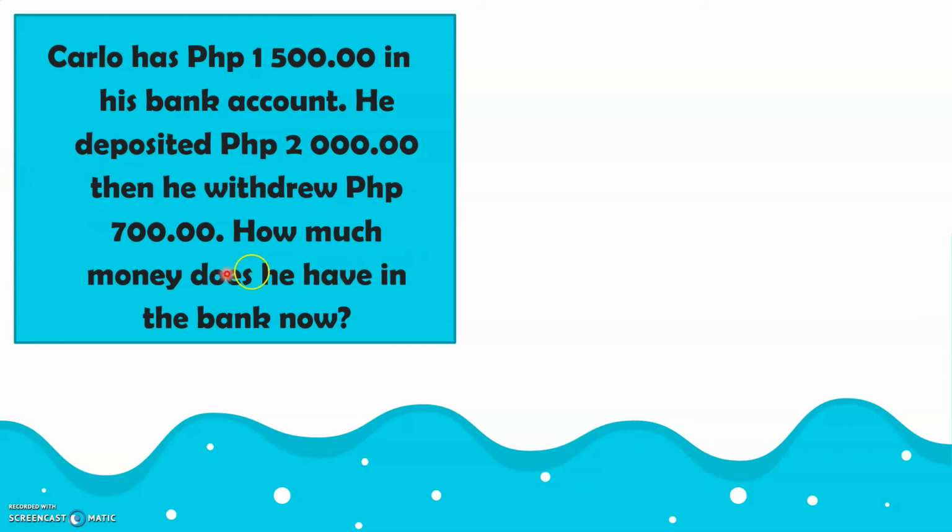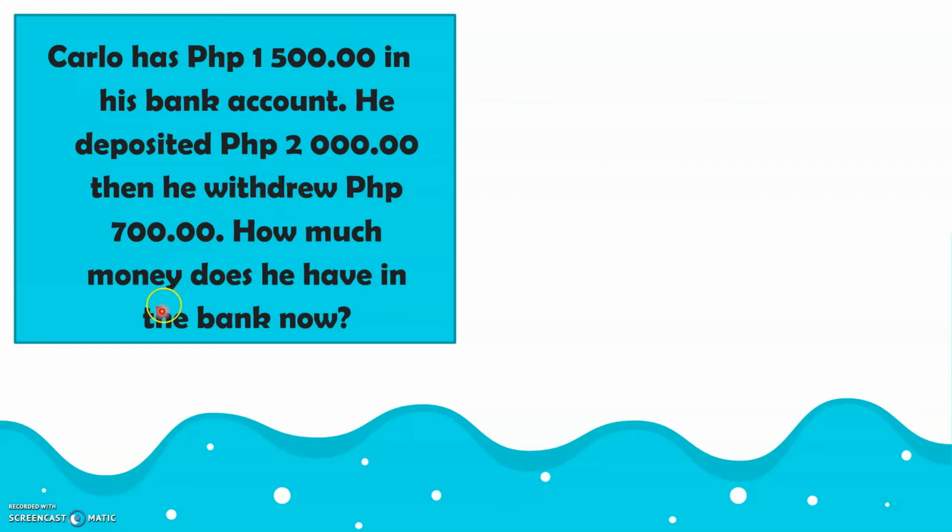How much money does he have in the bank now? Then for our given data, or given facts, so we have 1,500 pesos in his bank account, then 2,000 pesos deposited, and then 700 pesos he withdrew.